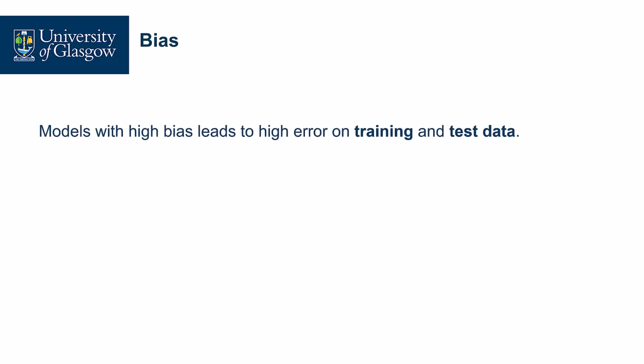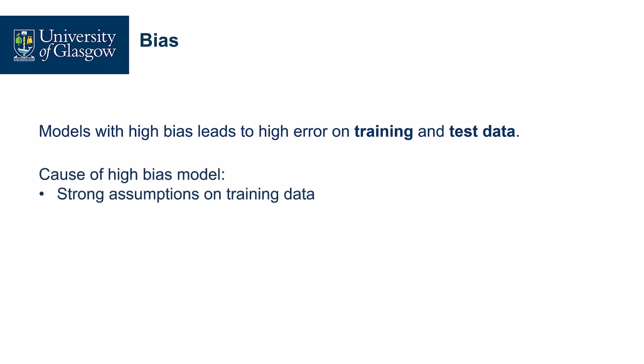So for models with high bias, when we look at both the training data and the test data, the error is large. This could be caused by a strong assumption on the training data. Just as in the example I gave, maybe a cubic relation where I use a linear model. So the assumption is too strong on the training data.